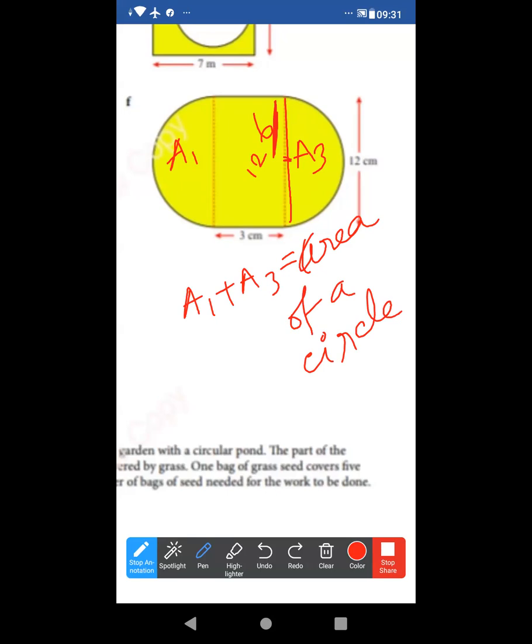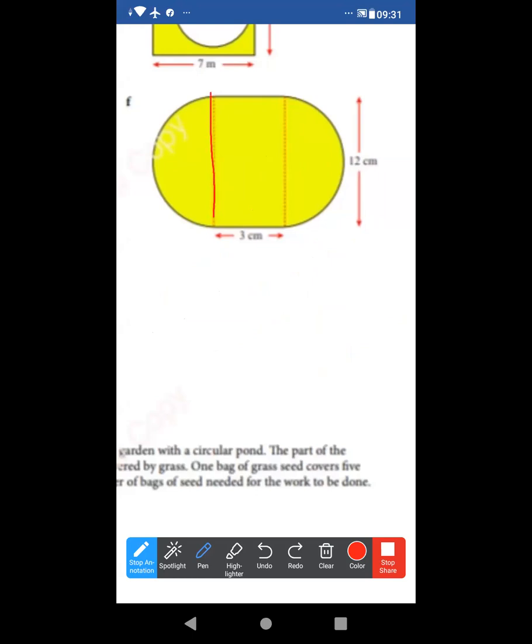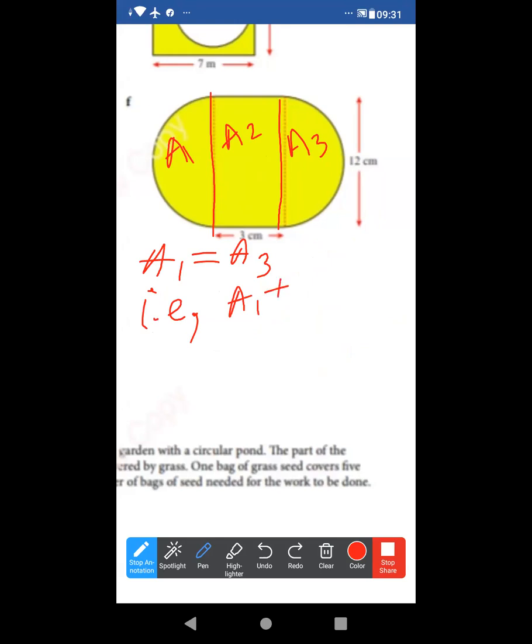That means we can directly find A1. But before that, you have to name it: A1, A2, A3. At first, all of you just draw the figure and mark it. Now just mention A1 equals A3. That is, A1 plus A3 is equal to the area of a full circle.